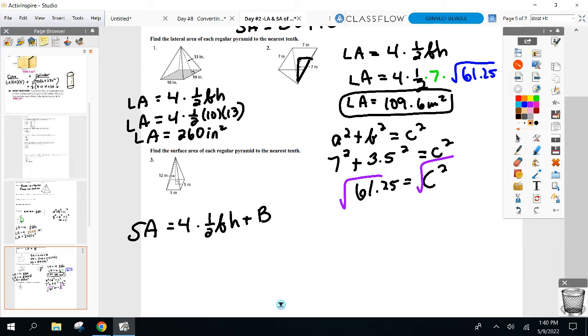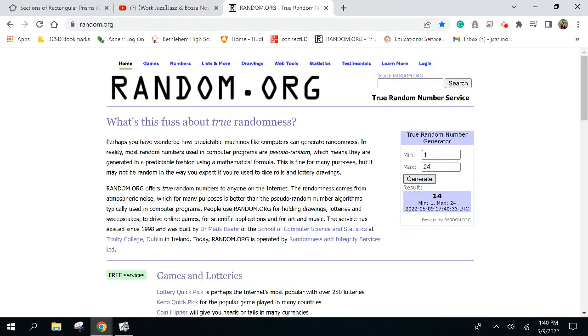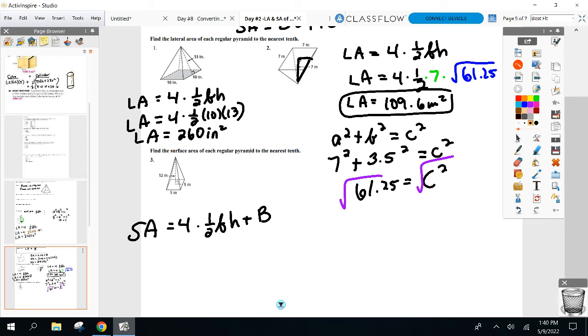What's 12 pointing to? 12 meters is the 24. Altitude, good. That's the altitude, so I do not want to use it when I plug in for H here. Ooh, what's Pythag going to look like here?